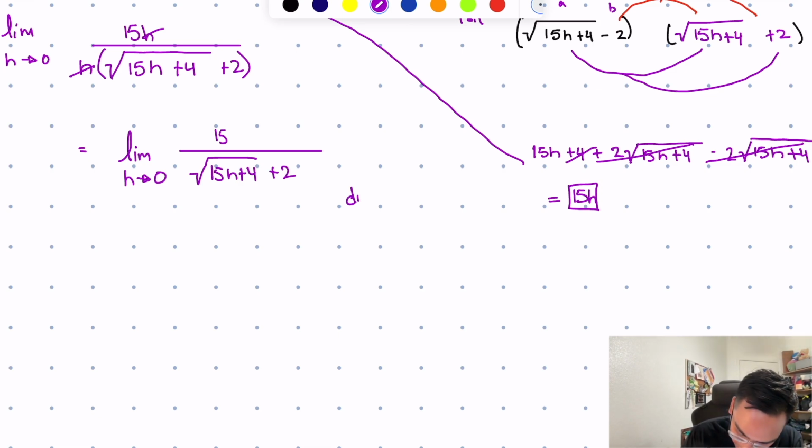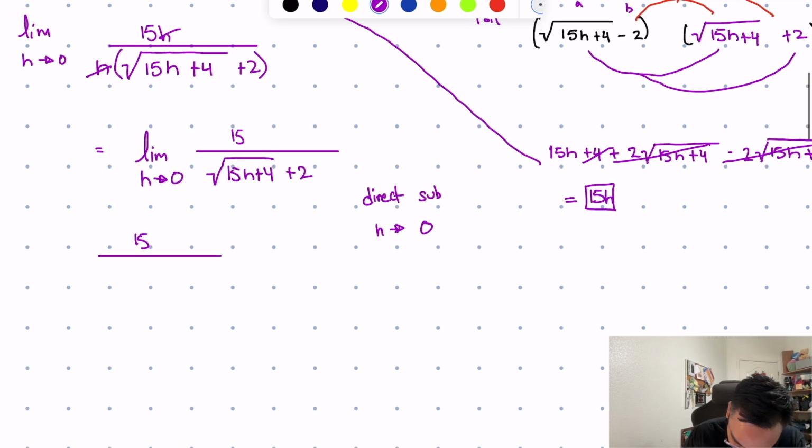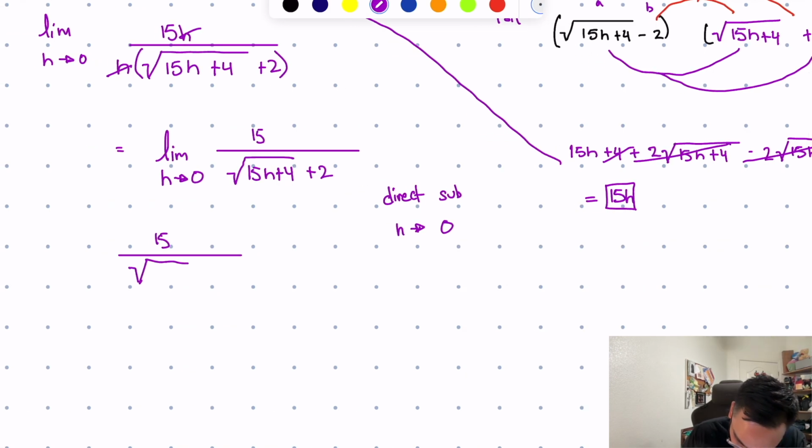Now from here, what we can do is direct sub. So wherever you see an h, it's going to equal 0. So 15 over root 15 times 0 plus 4, plus 2. So 15 times 0 is going to give us 0, and then the bottom is going to stay the same. So plus 4 plus 2.